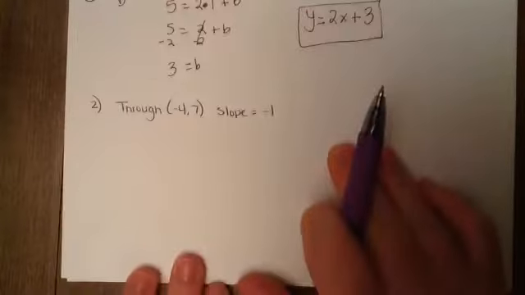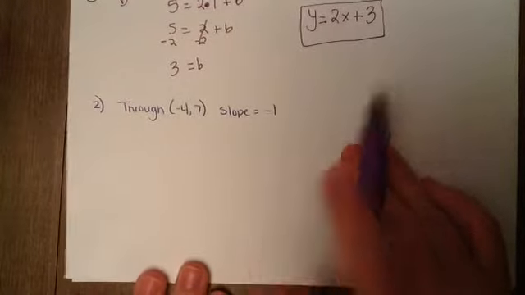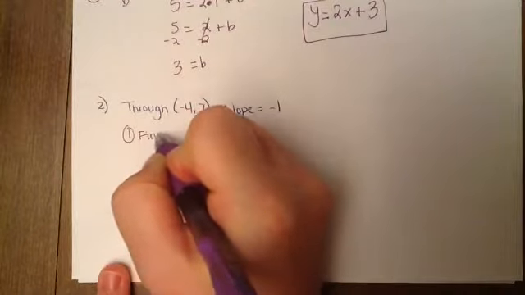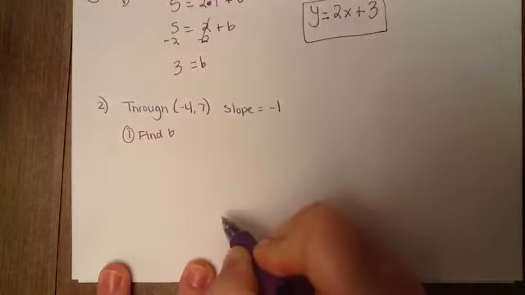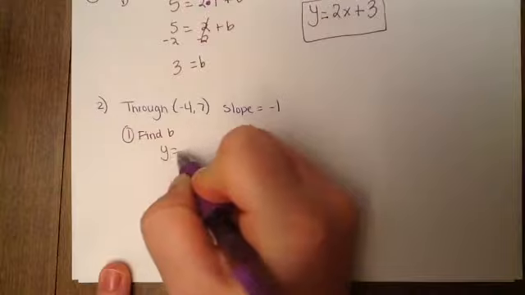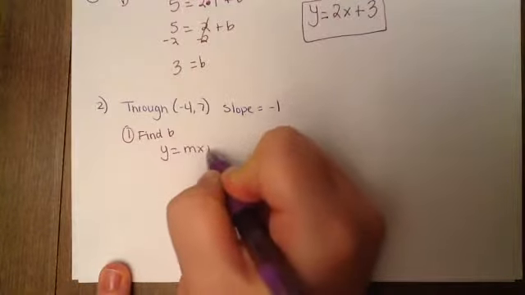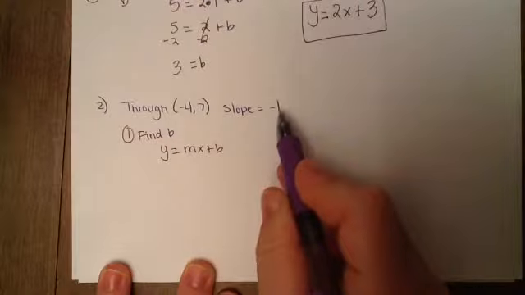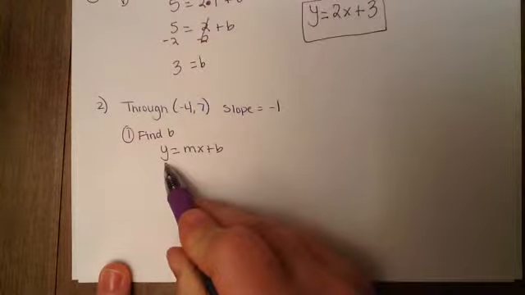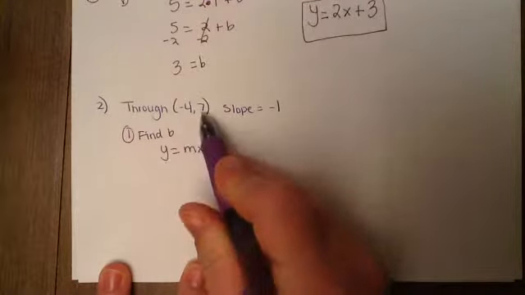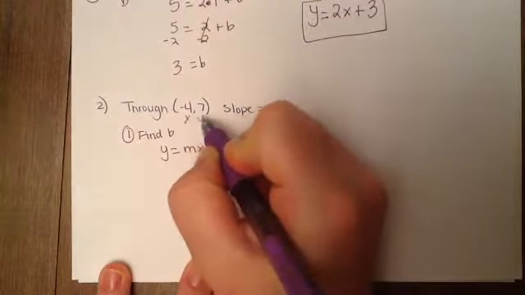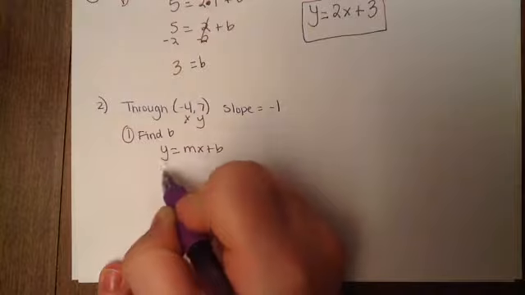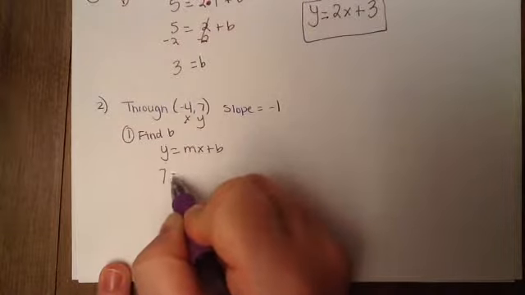Let's try another one. Our first step is going to be to find b. So I'm going to plug in things to y equals mx plus b. I'm given the slope, but I'm not given the y-intercept. So what do I plug in for y? I'm going to use this point as x and y. So instead of y, I will put 7.